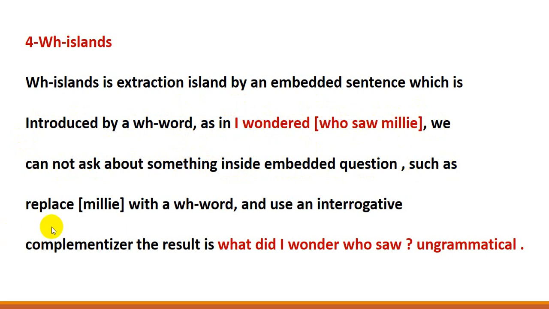Replace Miley with a WH word and use an interrogative complementizer. The result is: what did I wonder who saw? This is also ungrammatical. So there is no movement out of a WH island.